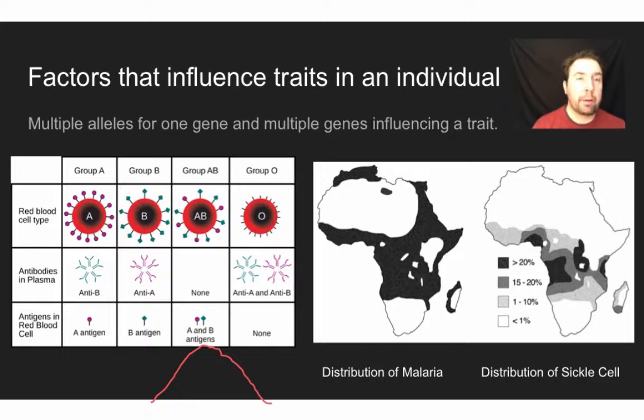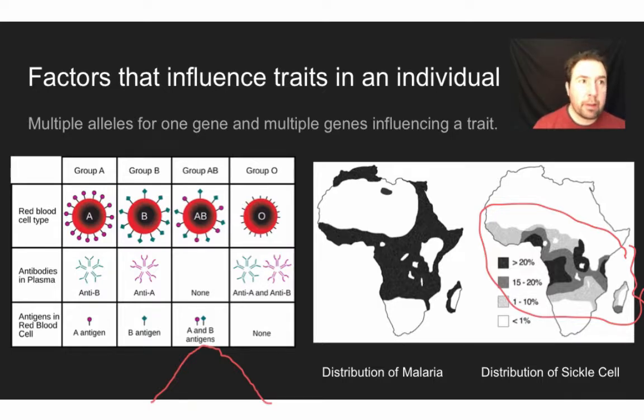Another type of factor that you might have is what happens if you have a trait that has more than one phenotype. Again, we looked over here on the right at our example of malaria and sickle cell anemia. This is a good example of a trait in the case of sickle cell trait where there's more than one factor that occurs as a result. Now, we focused in on this distribution here, that when you have malaria present, you end up seeing an increase in sickle cell trait, and that provides malarial resistance.